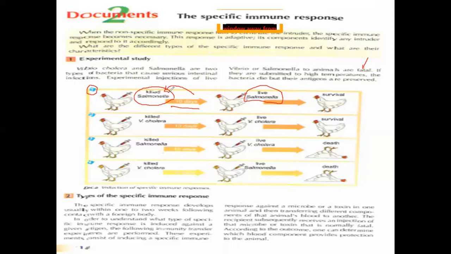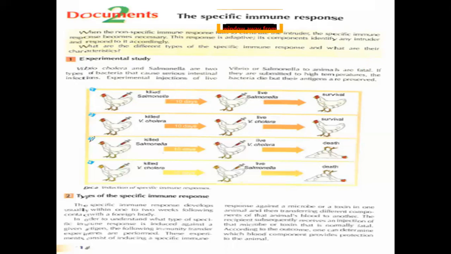However, in the second experiment we used Vibrio cholera. We injected killed Vibrio cholera into the animal, then after 10 days we gave live Vibrio cholera. What happened? The animal survived. So killed Vibrio cholera protected me from live Vibrio cholera, and killed Salmonella protected me from live Salmonella.